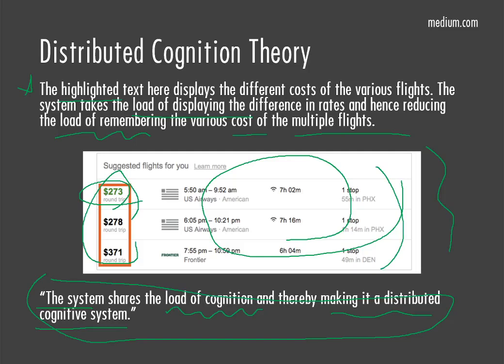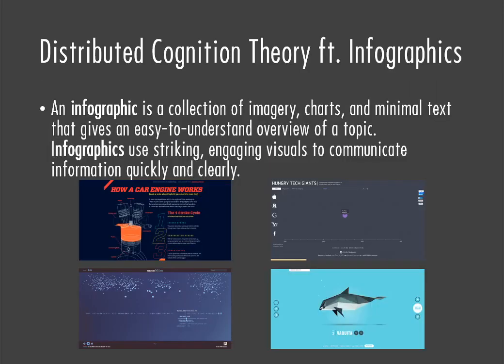This theory is used in so many different fields inside HCI. You can research more on this, but for this class, I think we will just focus on infographics for a bit. An infographic is a collection of imagery, charts, and minimal text that gives an easy to understand overview of a topic.